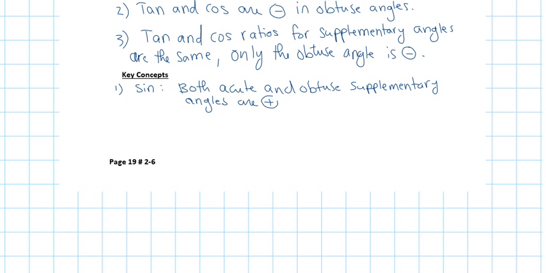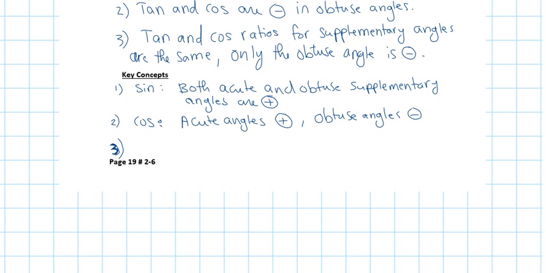For cosine, we learned that acute angles give you positive cosine, while obtuse angles give you negative cosine. For tan, same thing as cosine.